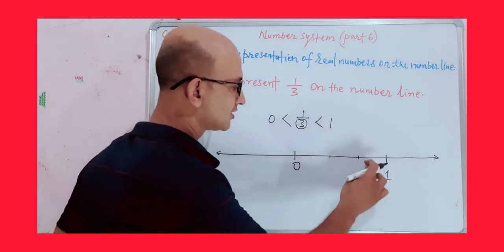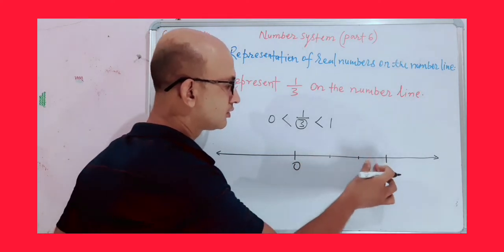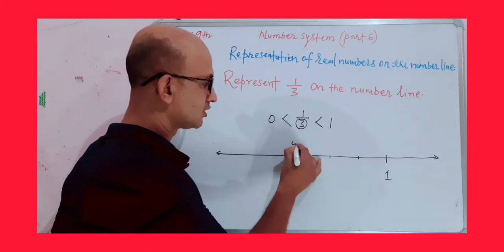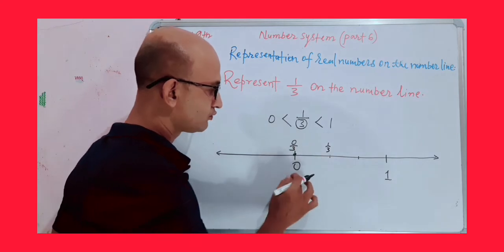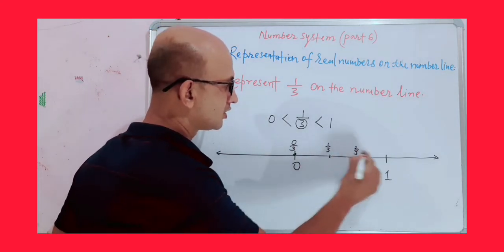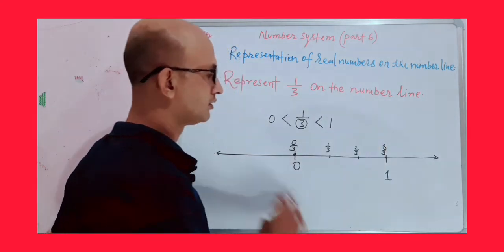Therefore, we can see here this length is divided into 1, 2, 3 parts. And these points now represent the numbers 0 by 3, that is 0, 1 by 3, 2 by 3 and 3 by 3, that is 1.